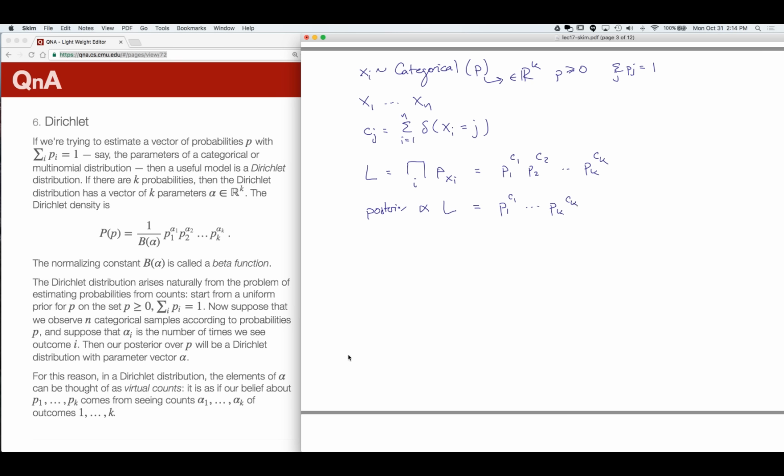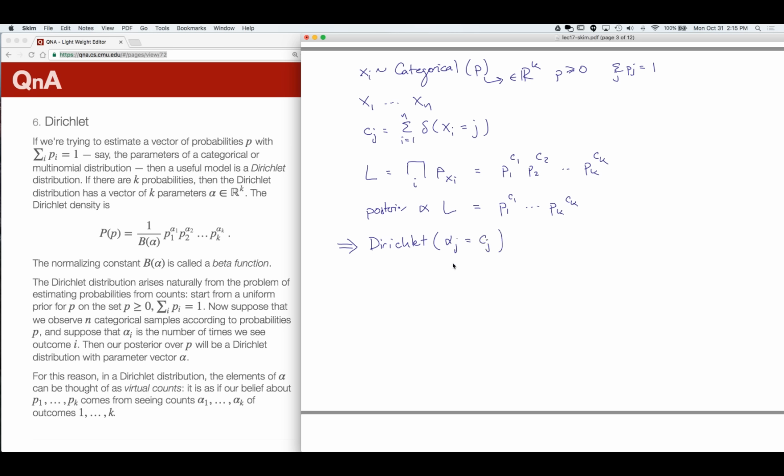And so now, if we look over here, that's exactly going to be a Dirichlet distribution, right, with parameters alpha j equals cj.